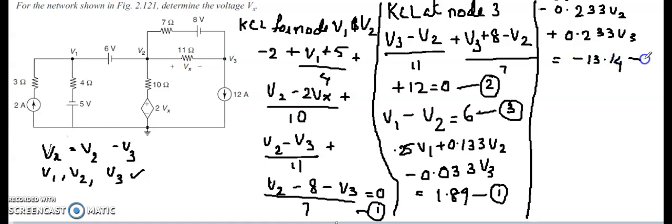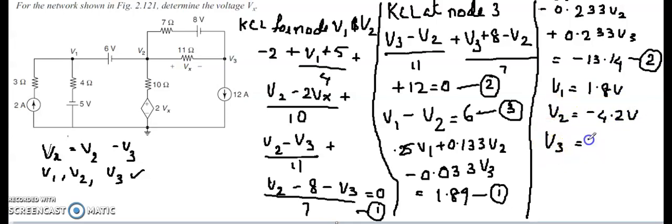So here we have the second equation rewritten. The third equation needs no rearranging, and we will get V1 is equal to 1.8 volt, V2 is equal to minus 4.2 volt, and V3 is equal to minus 60.6 volt.